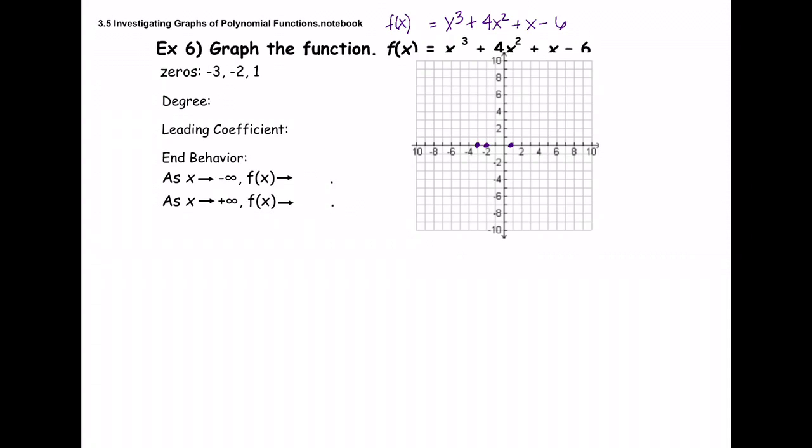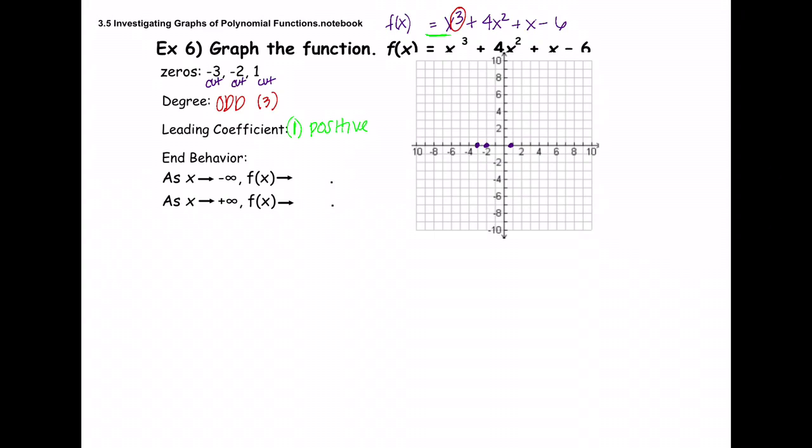I see that -3, -2, and 1 all happen one time, so it's going to cut at -3, cut at -2, and also cut through the x-axis at 1. When we look at the degree, we have an odd degree because it's to the third power. When we look at our leading coefficient, it's a +1.